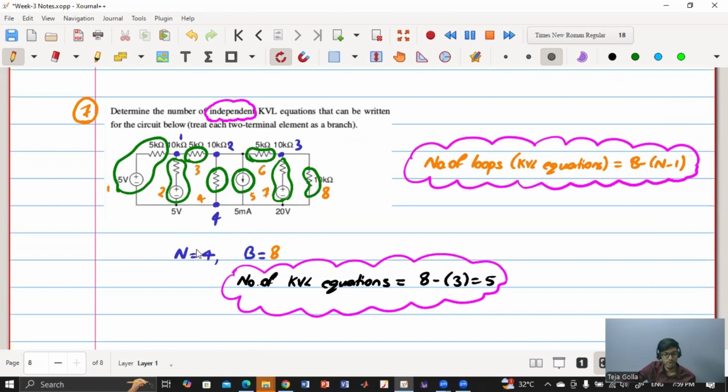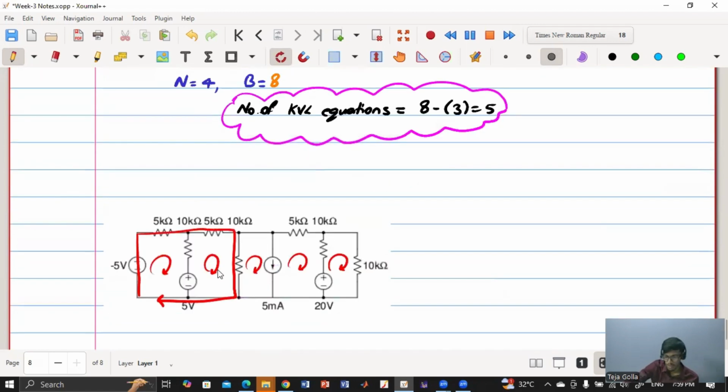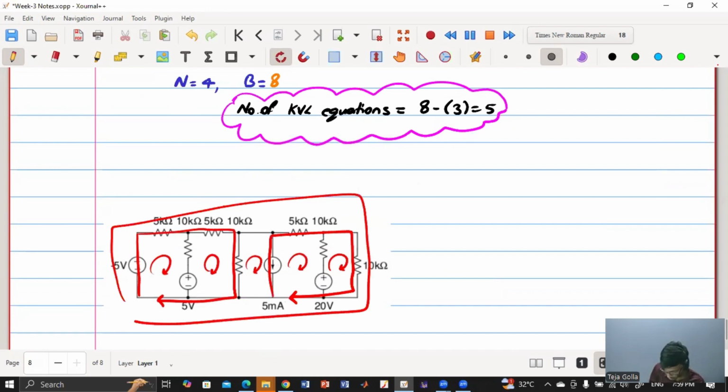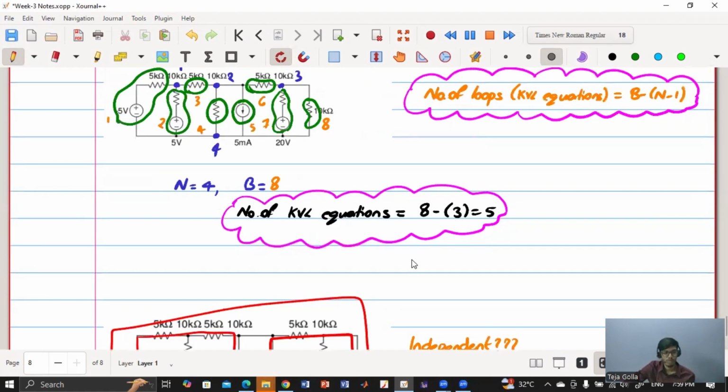This is also a loop, and this is also a loop. There are many loops, and the outer one is also a loop. But the question is whether all of them are independent or only some of them. We will get a lot of KVL equations, but we want the independent ones, the minimum number of KVL equations from which we can derive the other, dependent equations.